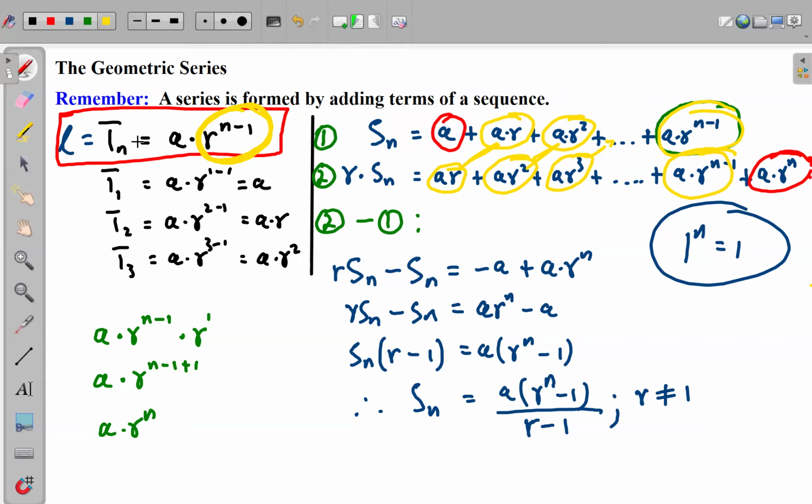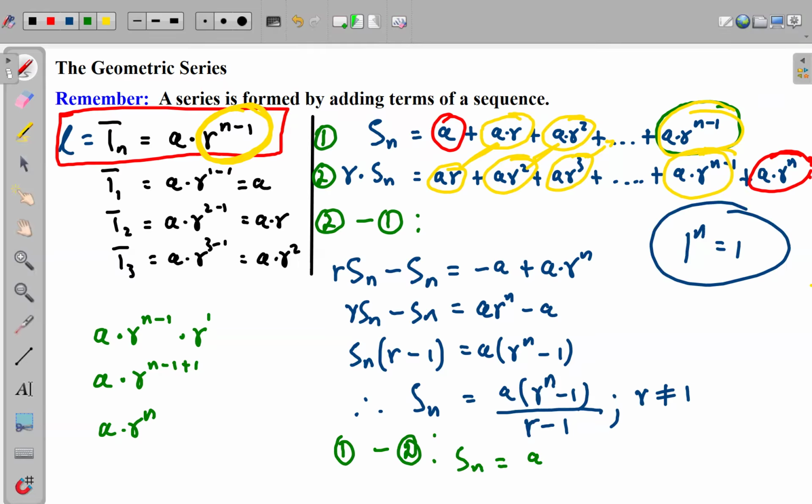There is another alternative form of this formula, by the way. And you would have gotten that if instead of doing equation 2 minus 1, you did equation 1 minus 2. So if you swapped the order in which I subtracted here, you would get an equation of this form.